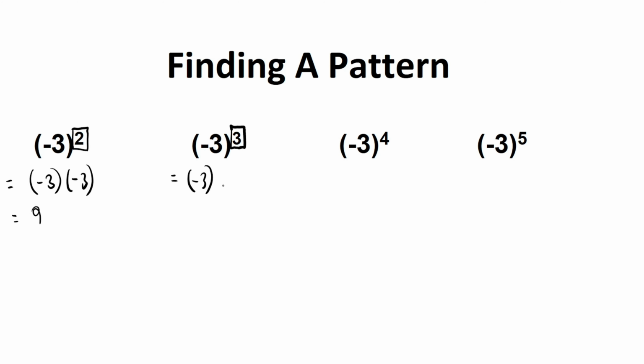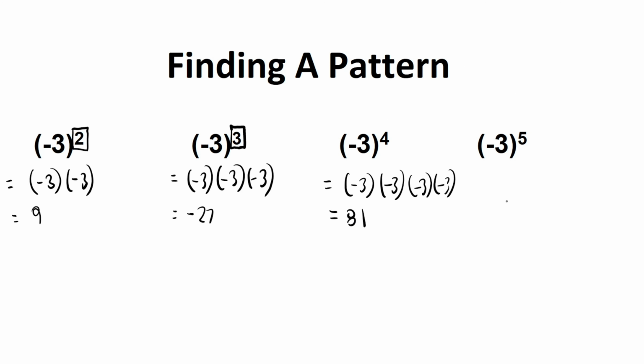Same thing here, just 3 times this time, but this time we get a negative number. Now here, we have a positive number. And here, we have a negative number.